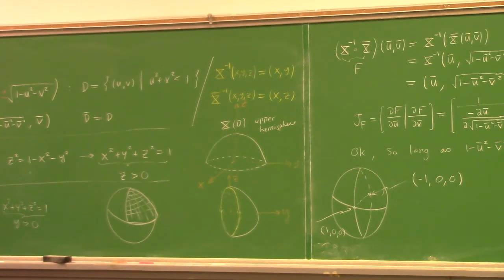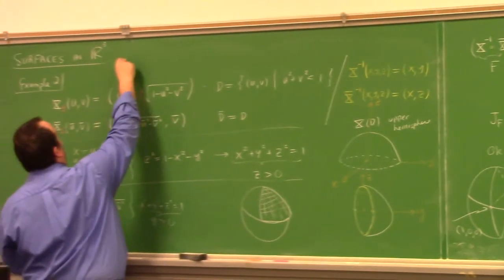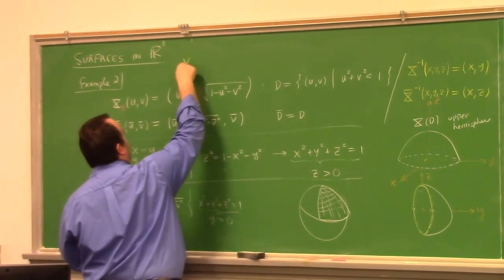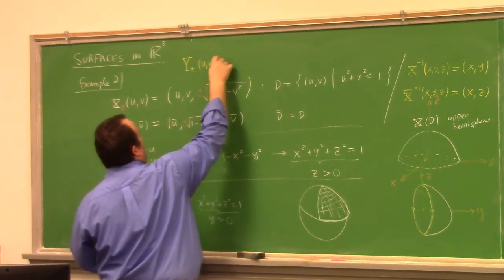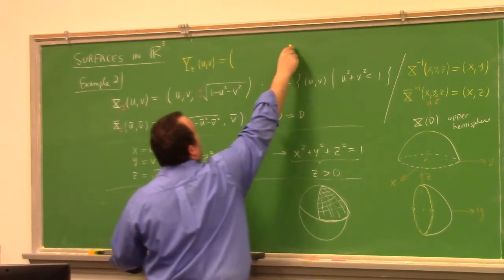So I need 2 more charts, right? And I'll put them up here. I'll call them y, plus or minus, of (u, v). And how about you guys tell me the formula for them?